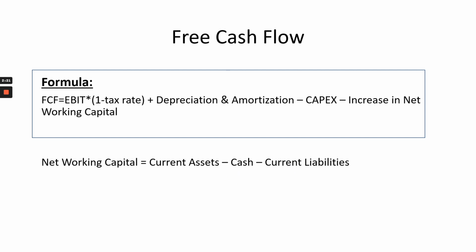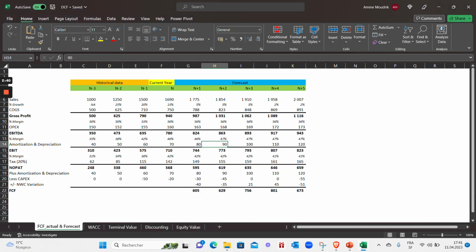So in fact, either we disburse cash to buy new current assets or to reimburse liabilities. Hence, we have a deduction of the increase in the net working capital. Now, let's move to our example in the Excel file.